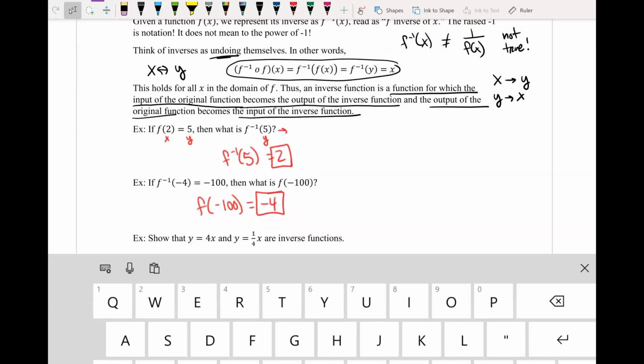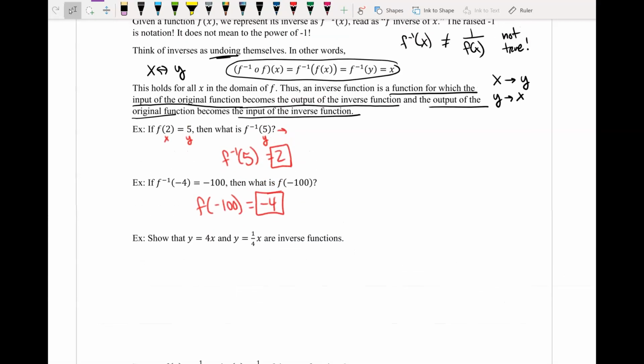All right. What about this guy? If I know y equals 4x and y equals 1/4 x, these are clearly inverse functions, because you can see this one is being multiplied by 4, this one's being divided by 4. So you're undoing what you're inputting. How do we show that they're inverse functions? One way is using this definition: composing them and showing that it equals x.